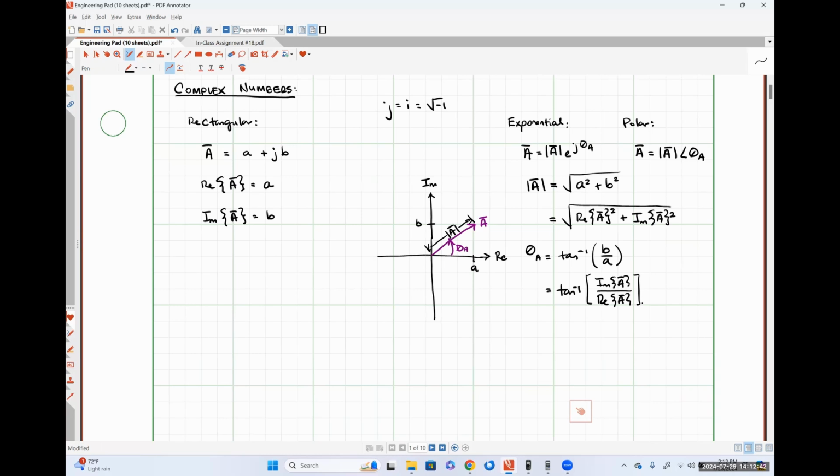But before we work an example problem, I want to cover how to go from exponential or polar back into rectangular as well.